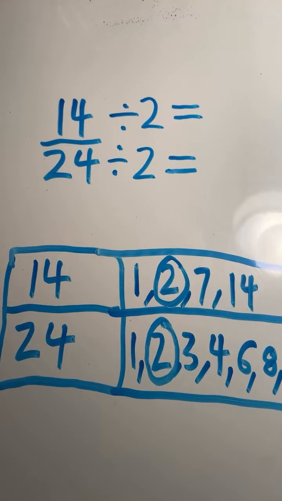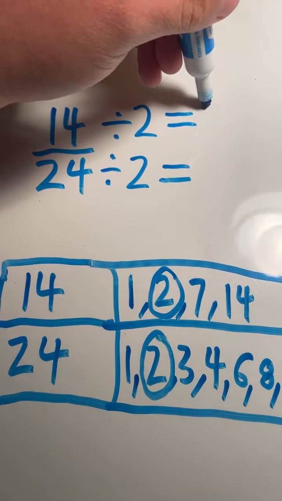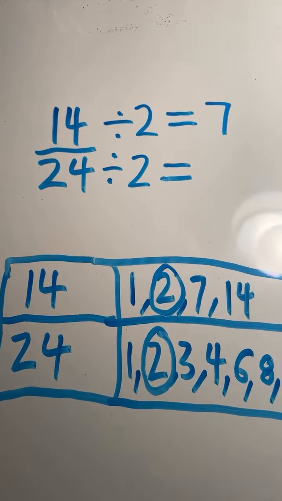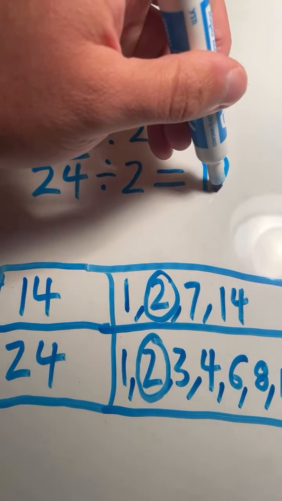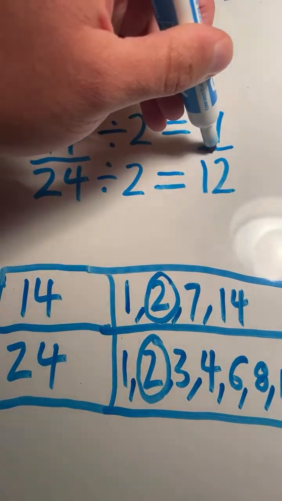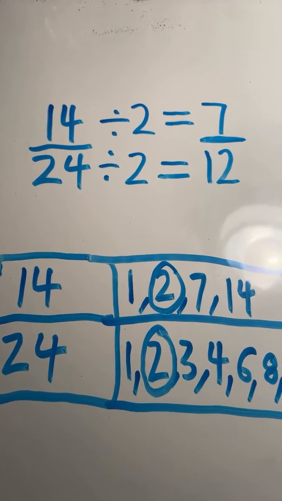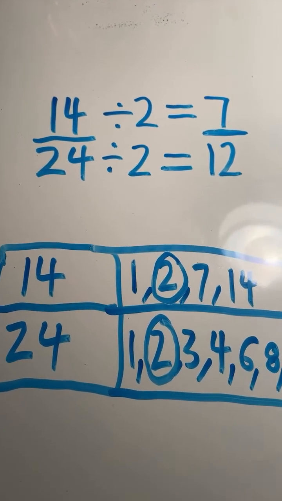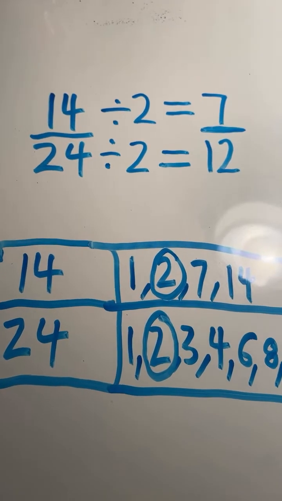So 14 divided by 2 equals 7. 24 divided by 2 equals 12. We have our final answer, 14/24 reduced to lowest terms equals 7/12.